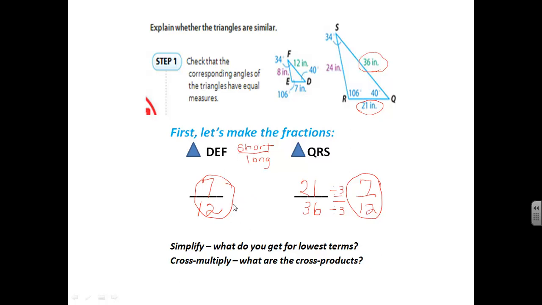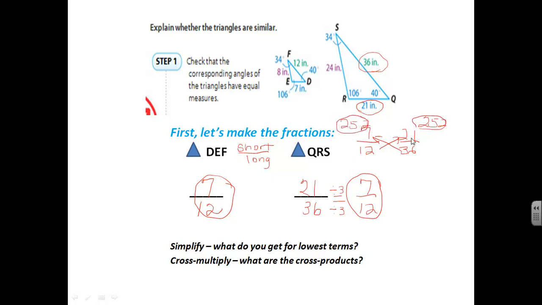Now another way you can do that is to cross multiply. So if we took 7/12 and 21/36, which we're not going to take time to do, I'm just going to tell you. 12 times 21 is 252, and 36 times 7 is also 252.